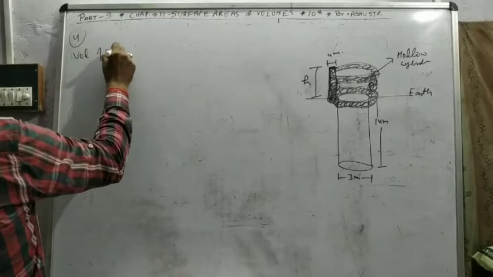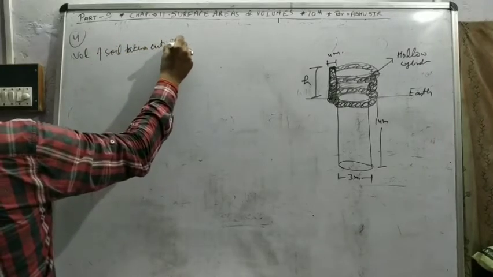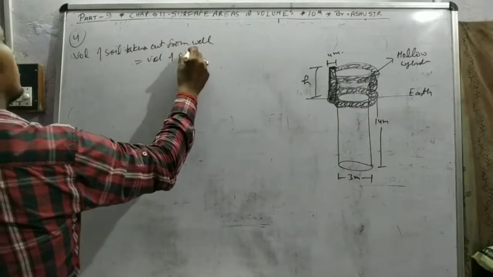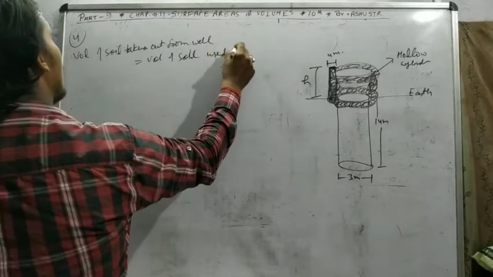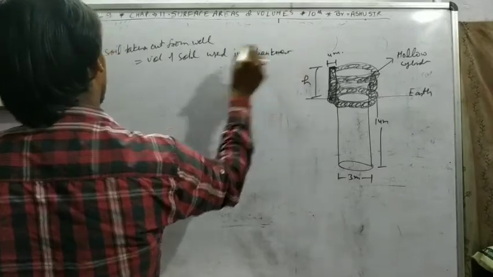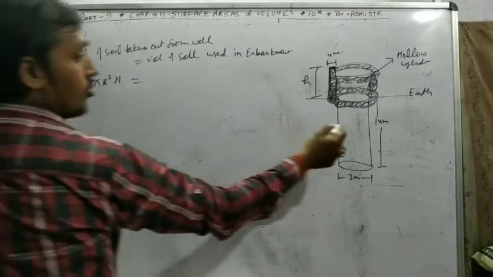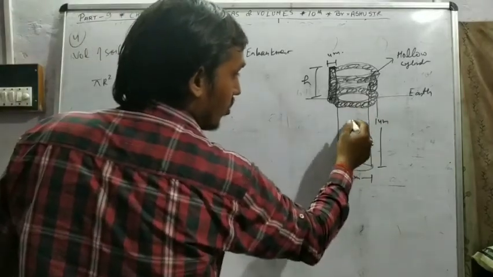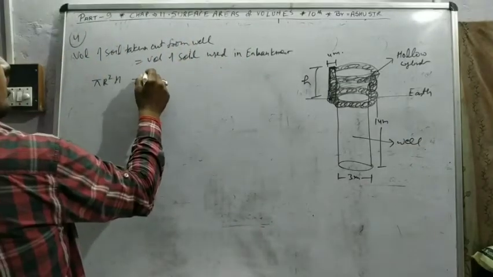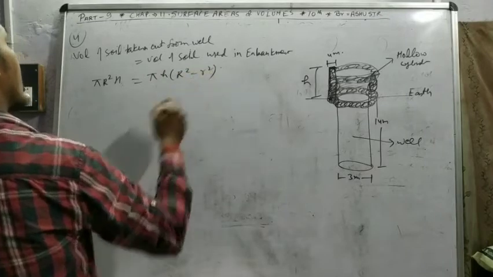Volume of soil taken out from the well is equal to volume of soil used in the embankment. So pi r square h is the volume of soil, the volume of fill, and the embankment is pi h (R square minus r square).